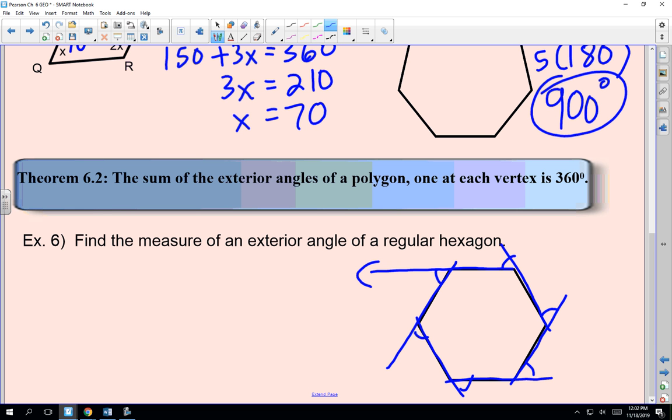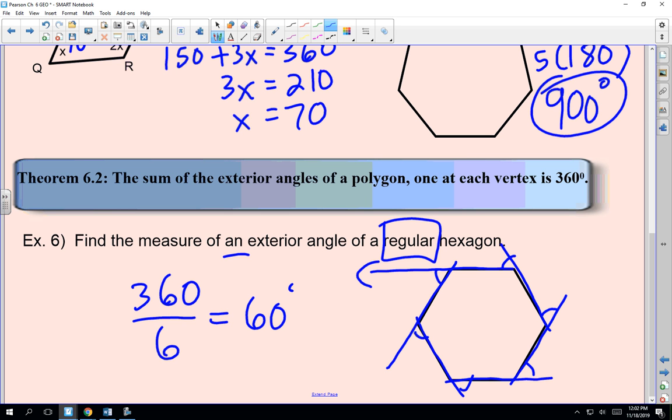So it says find the measure of an exterior angle, that's just one, of a regular hexagon. I have to have the word regular in there to do this. But if all the exterior angles add up to 360, what would one of these little congruent angles equal? Yeah, 360 divided by 6 gives me 60 degrees. So that's convenient.